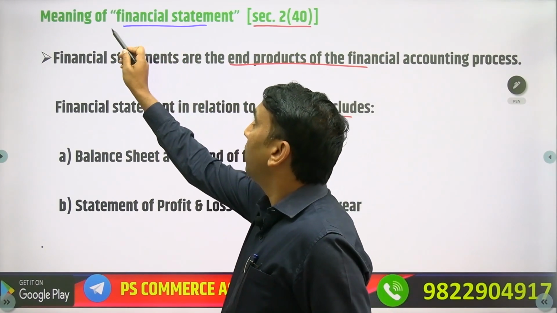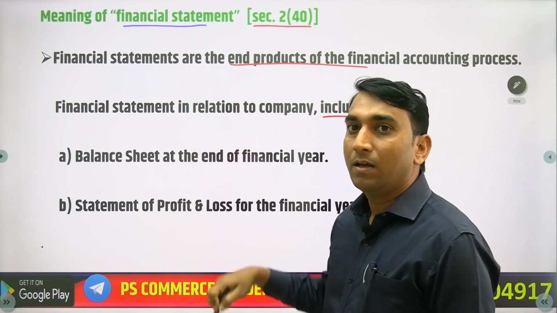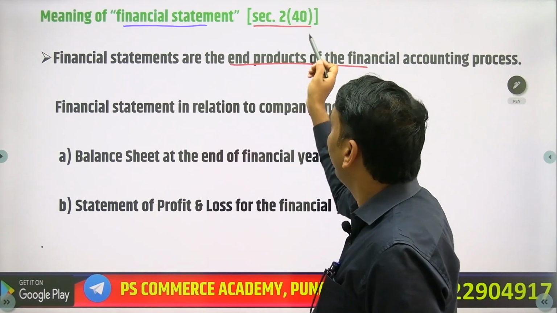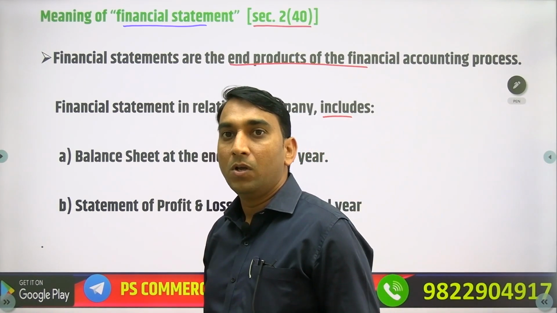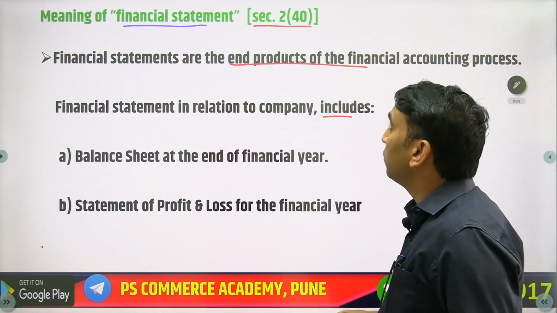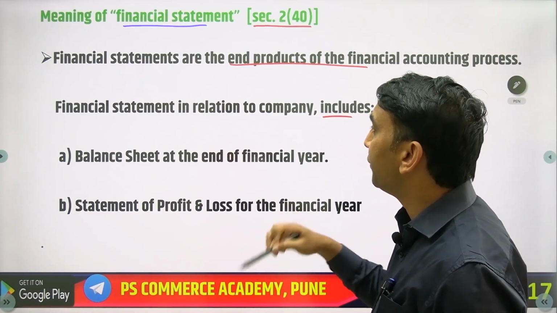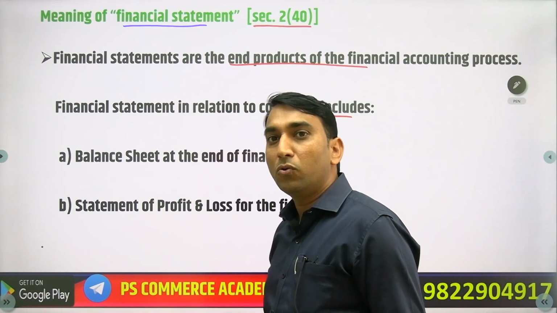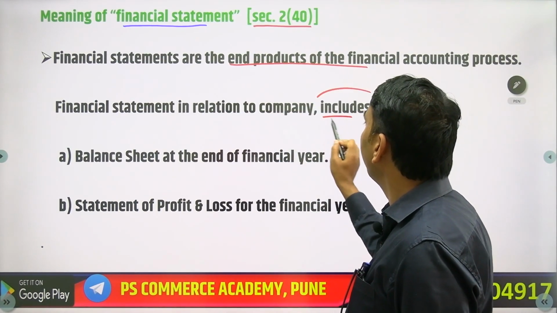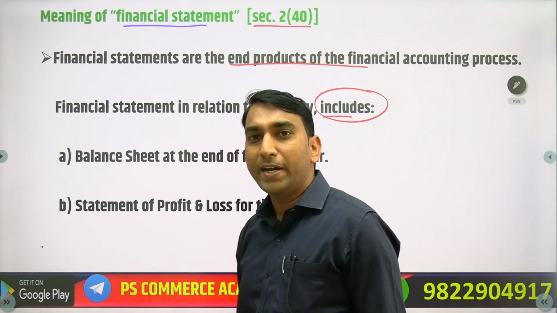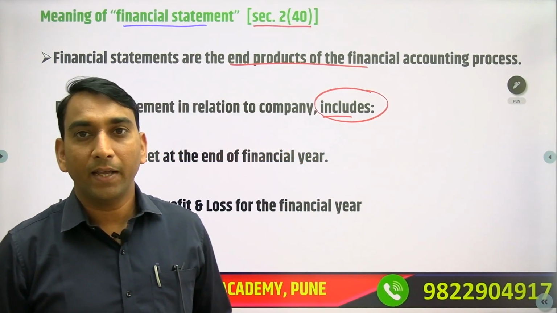The meaning of financial statement is defined under Section 2 subsection 40 of Companies Act 2013. It talks about the financial statement in relation to company, and what it includes.